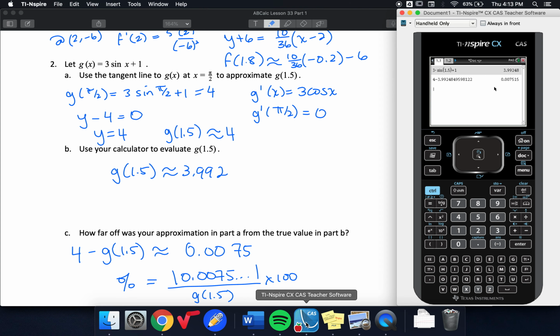So coming back here, I'm going to take this value and divide by my actual. I need parentheses around that so that I divide by the whole thing.